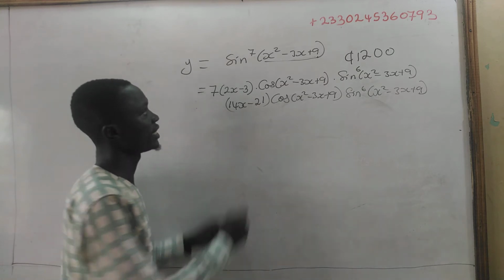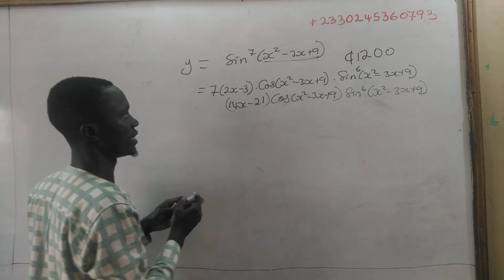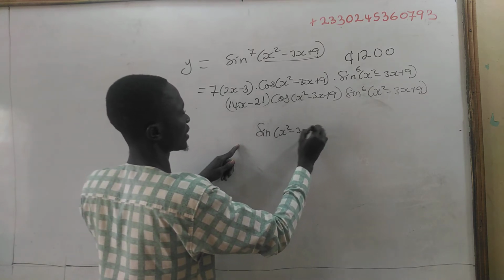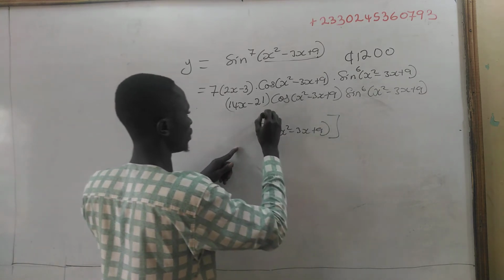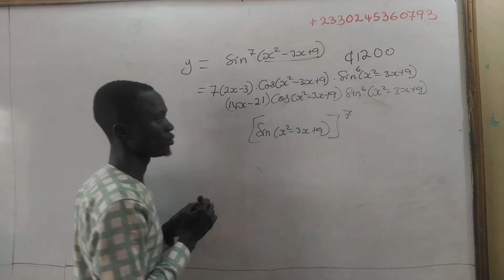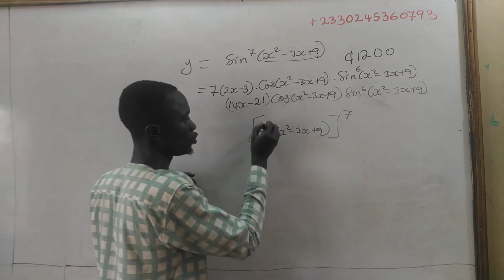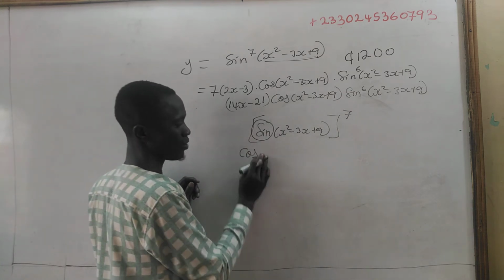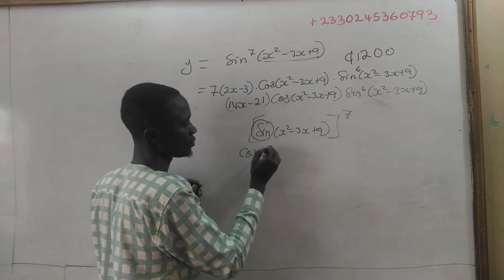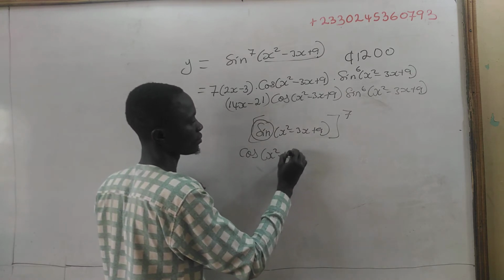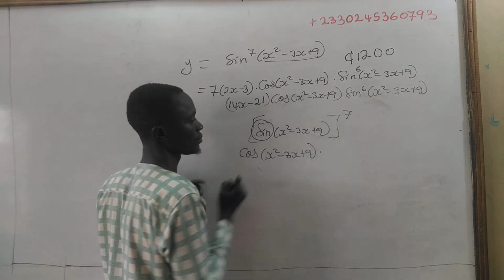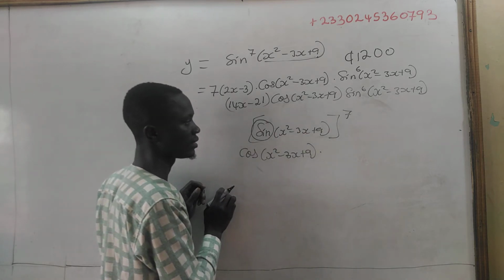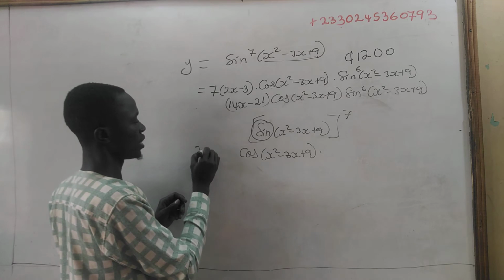Very simple. So you see this is the same as sine of x squared minus 3x plus 9 all to the power 7. So what do we do? We have two inner functions. So you differentiate this one, you get cosine. But cosine of what? Cosine of the angle. So you bring the angle. Then you differentiate this one too, this one too is inside. So you will get 2x minus 3.